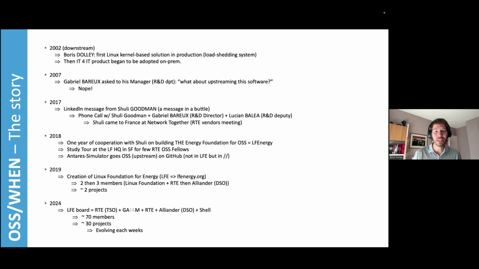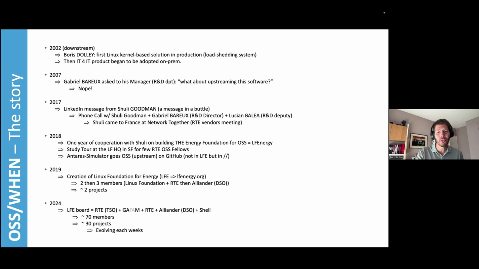It was Trump at the time in the United States, and she was very concerned by the SDGs and the electrification of the energy, and she couldn't find any stakeholder locally in the United States to say, okay, I want the energy transition to happen through digitalization. How can I do that? And we kept this message. We had a meeting with her. We met her in France, and the story began. The story of the Linux Foundation for Energy, I will speak about just later, began like that.